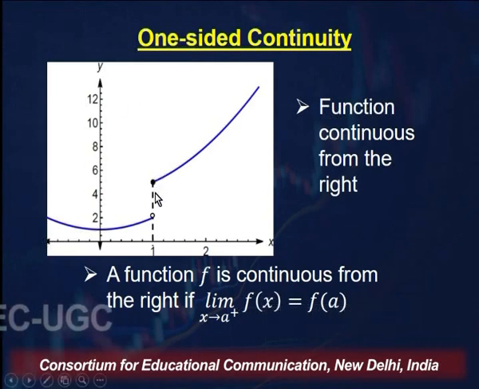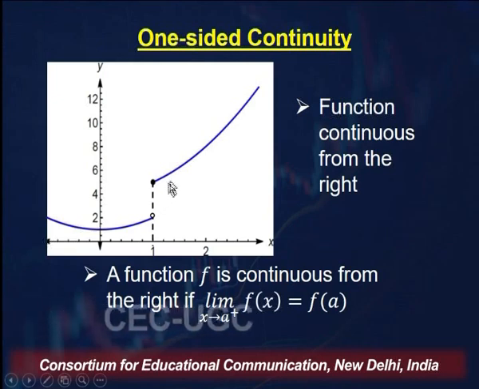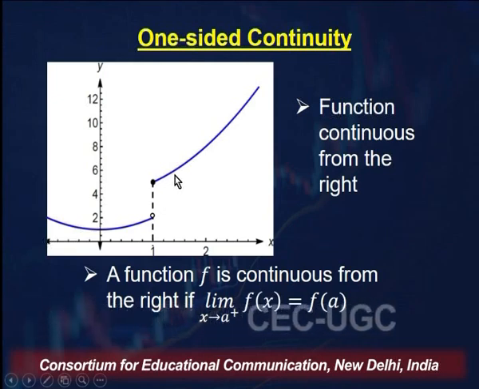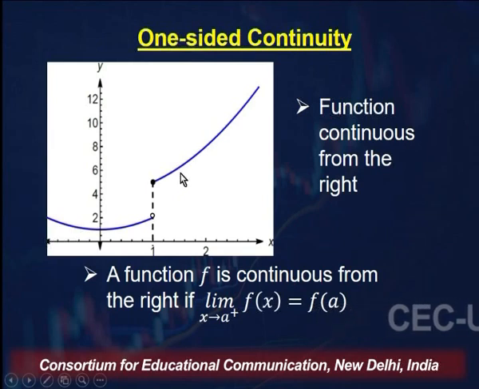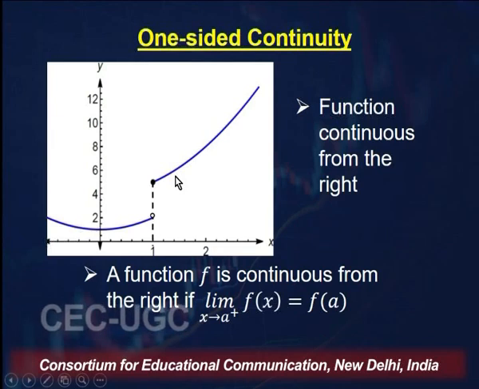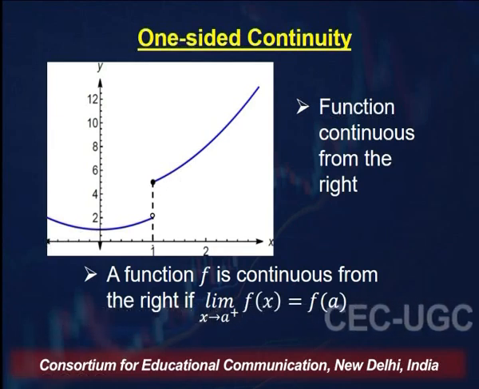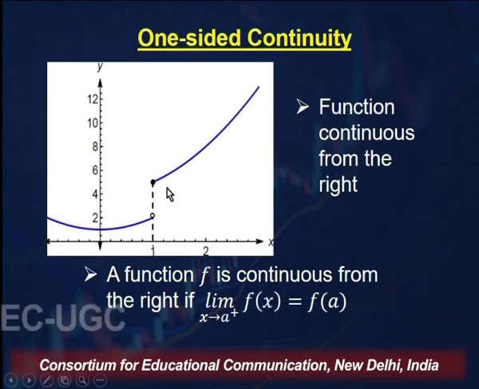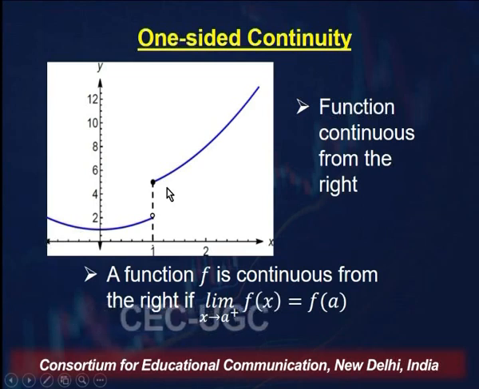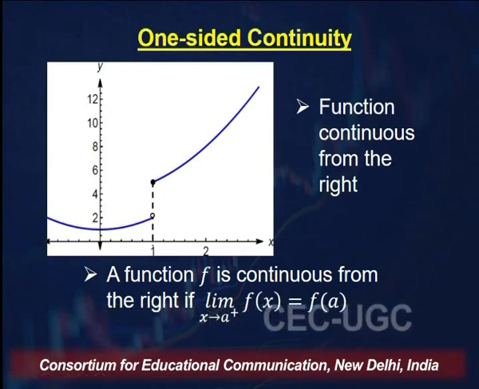Even though the two-sided limit does not exist, the function is certainly continuous from the right. As x tends to 1 from the right, the limit is 5, which is exactly equal to the value of the function at the point 1, which is 5.